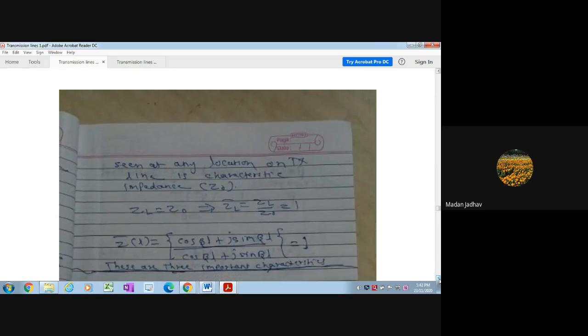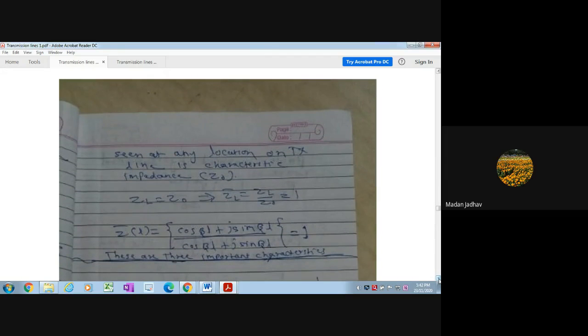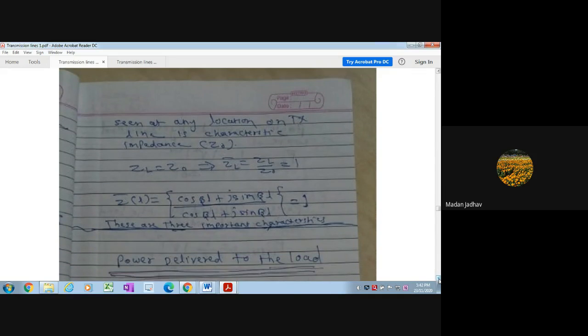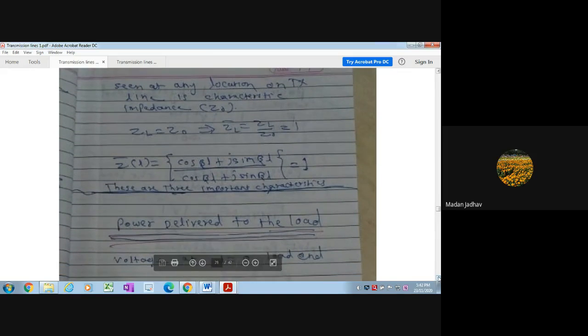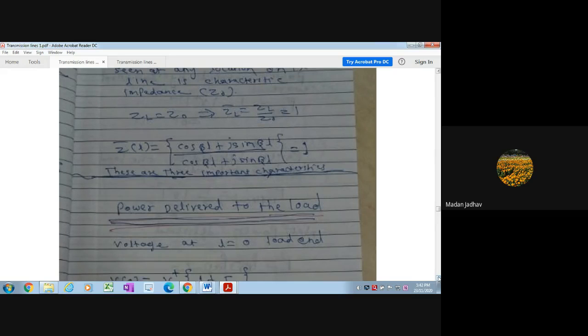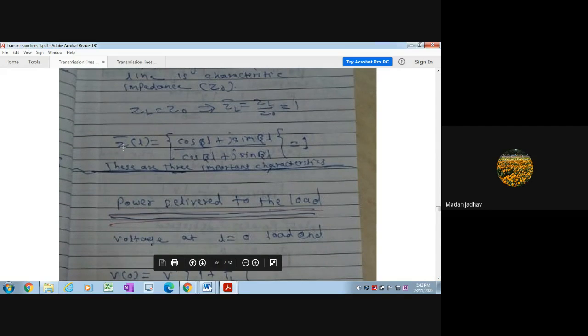That is, ZL is equal to Z naught, which in normalized form, ZL by Z naught, is 1. These are the three important characteristics: impedance repeated after lambda by 2, impedance inverted after lambda by 4, and for the matching condition the total power is transferred to the load, or in normalized form, Z of L is equal to 1.